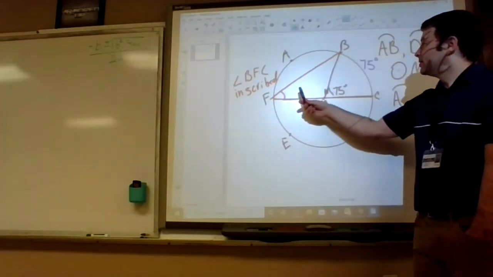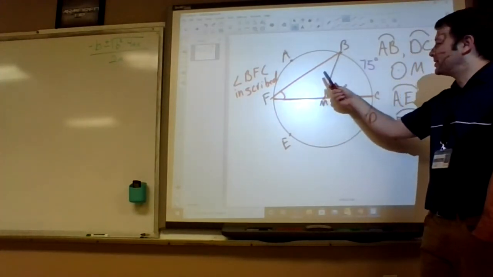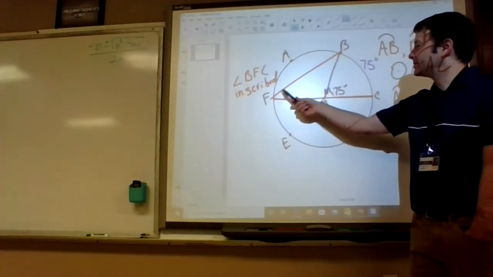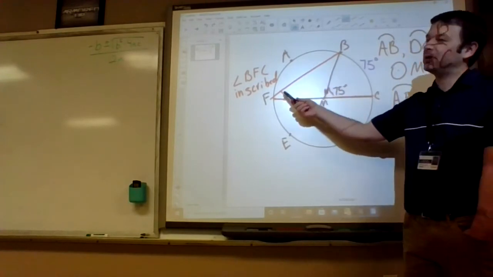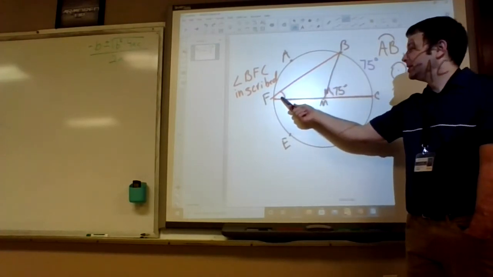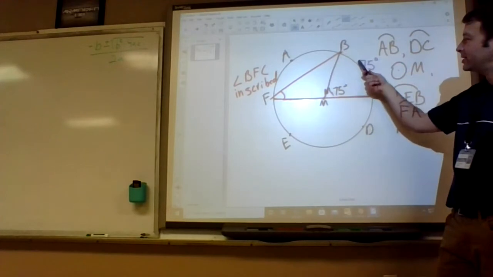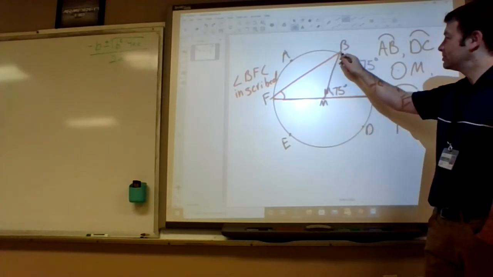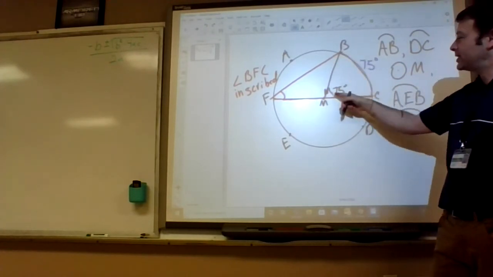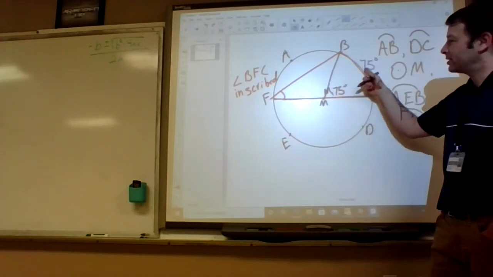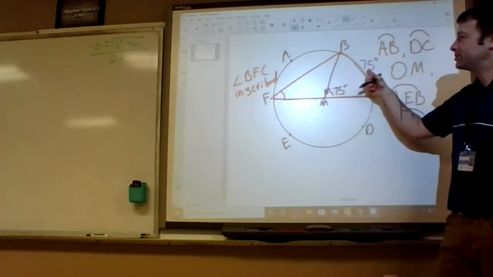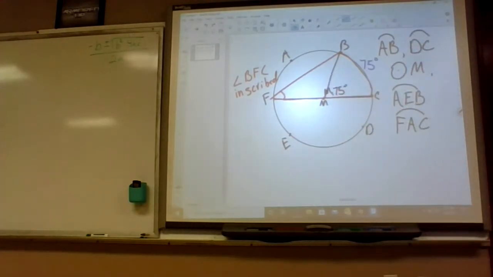So, let's see if you guys can guess. How is this angle going to relate to the arc it intercepts? The central angle is exactly the same thing as the arc. How do you think this angle compares to the arc? Any guesses?